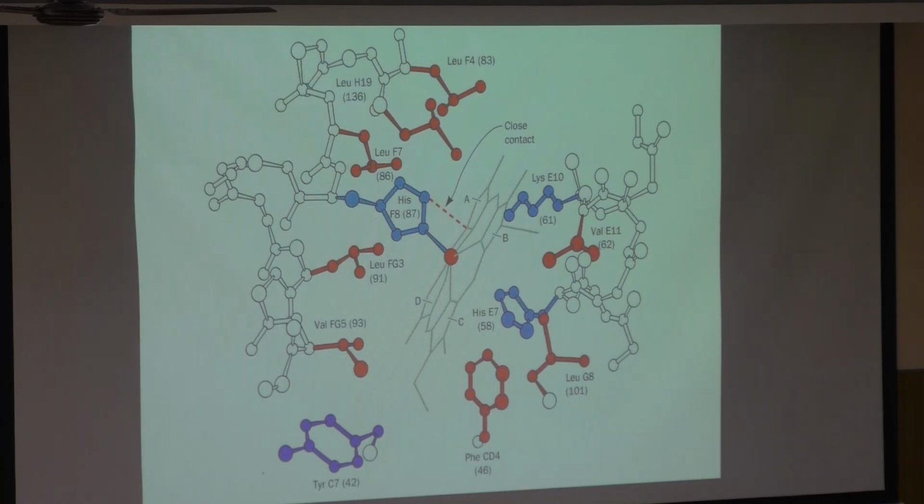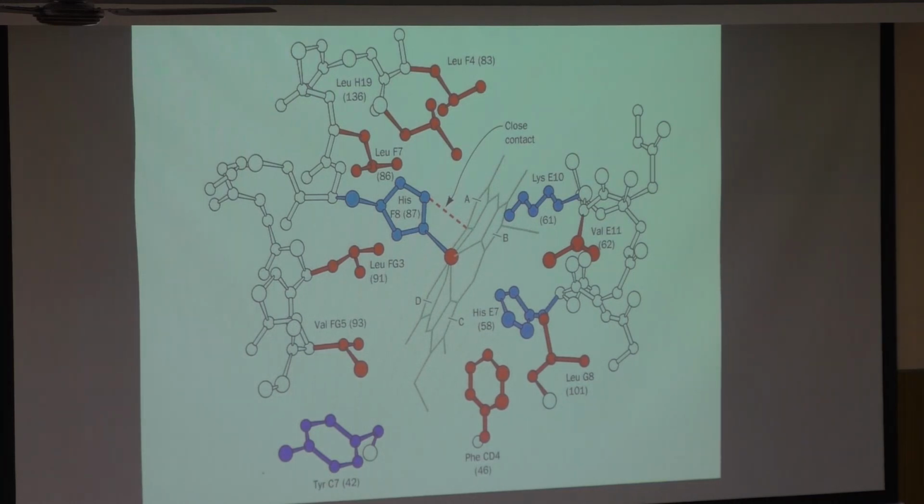Now if you see, there is another histidine which is present at 58. Now in a sequence, will 58 come first or will 87 come first? But why is 58 called distal? The reason is that it is far away from the iron.